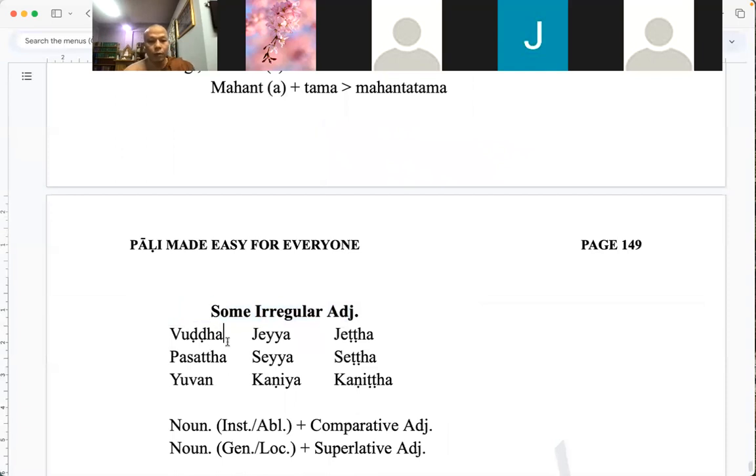Vuddha means positive adjective, old. But its comparative adjective is jeyya. Jeyya means elder or older. And then after that, the jeṭṭha means eldest.